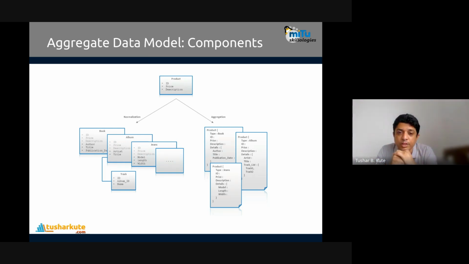You can see, one product is a book, another product is an album, another product is a genre, and under it we have defined all of the properties. They are linked together. Aggregating all of them in a single defined architecture is called the aggregate data model.